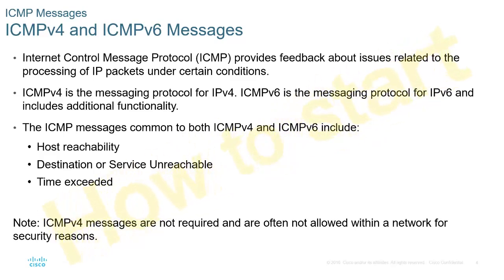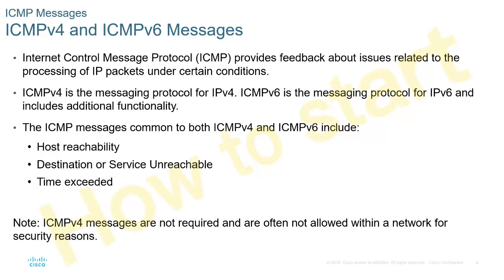The basic functionality of ICMP is about host reachability, end-to-end connectivity, and looking at destination or service reachability. Can we reach out to a host on a LAN or a WAN, and is it responding? Another feature of ICMP is the time exceeded limit, looking at how many hops it takes between source and destination.